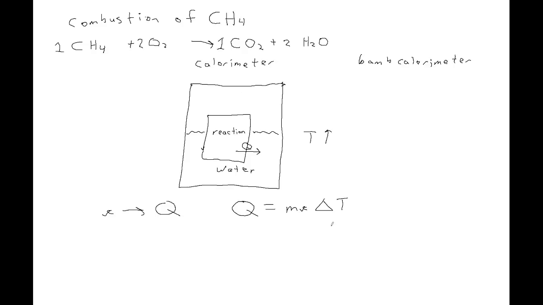Q equals m capital C delta T. So it sounds like you're saying that capital C is identical to little c, and you're substituting in. But this is not a true equation, so that was incorrect. What we need is a true equation that links capital C and lowercase c before we can substitute them in. So then, we know that capital C equals m lowercase c. That's right. So how could we rewrite this equation so that it has capital C rather than lowercase c?